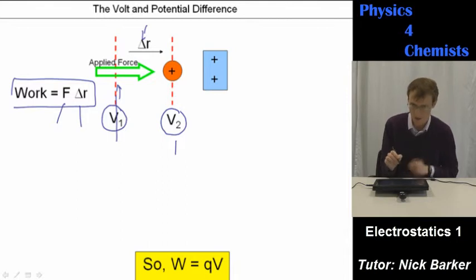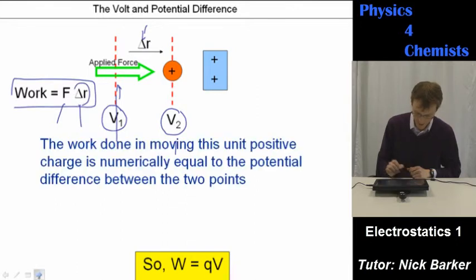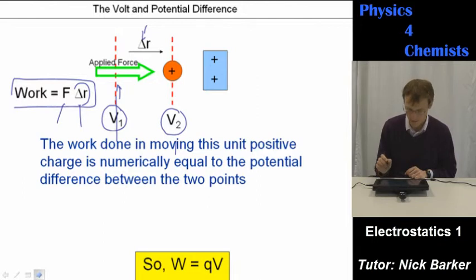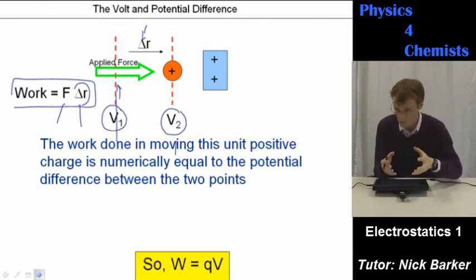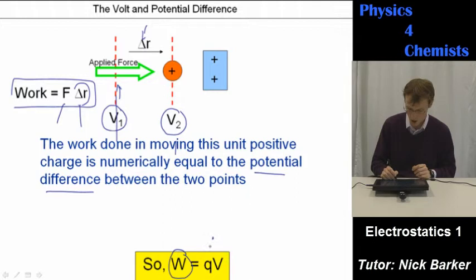So work is force times delta R, F delta R. The work done, the energy transformed, you can't say used up, remember, energy transformed, changed from one form to another, in moving this unit positive charge is numerically equal to the potential difference between the 2 points. So the work done, we end up with this formula, is the charge, Q, multiplied by the potential difference, V. I'll come back to this.